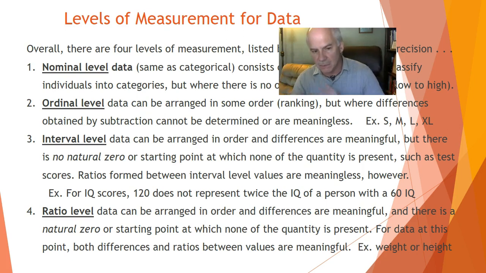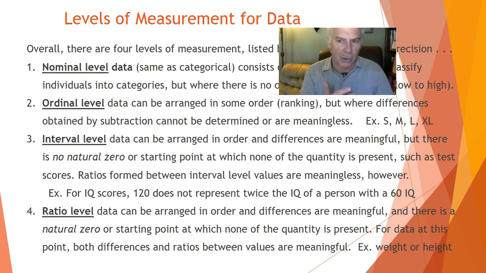They just didn't answer the questions correctly by chance, or the questions that were asked they didn't know, but they knew something. Okay, so since there's no meaningful 0 where nothing of the quantity is present, then you can't form ratios where you say one student knew twice as much as the other or something like that.